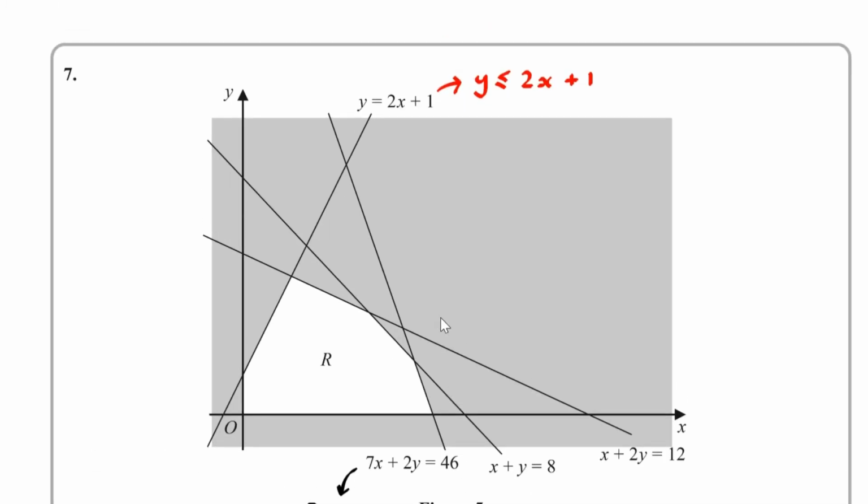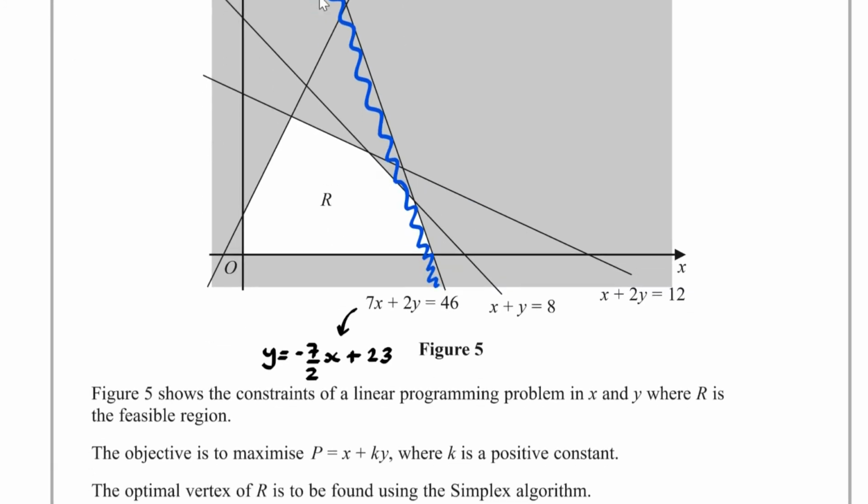And what I want is the region underneath the line, which means my inequality is y is less than or equal to minus 7 over 2x plus 23.